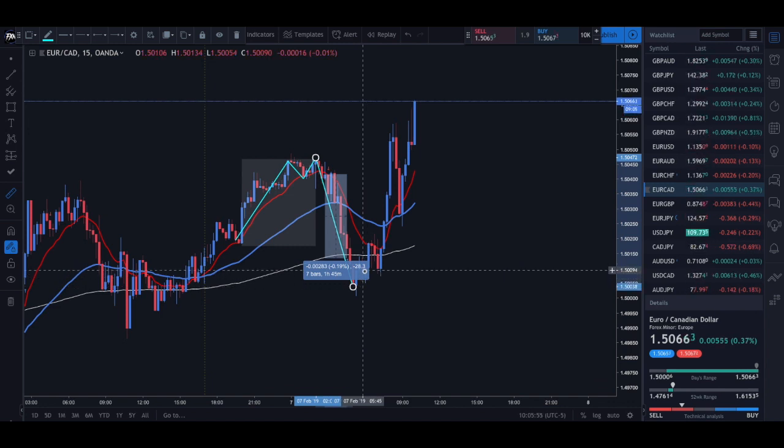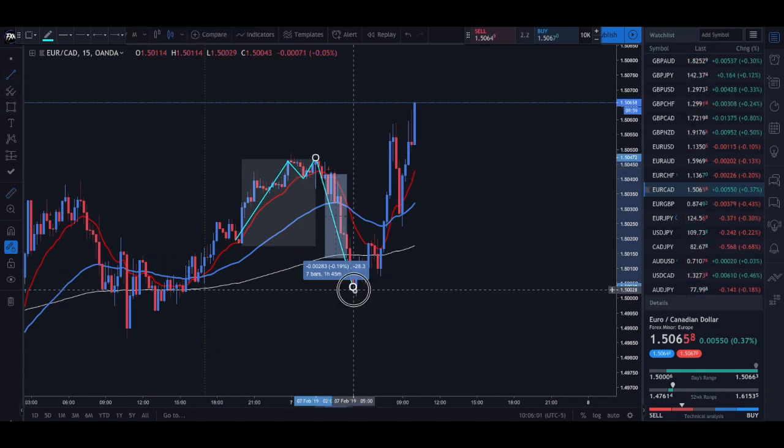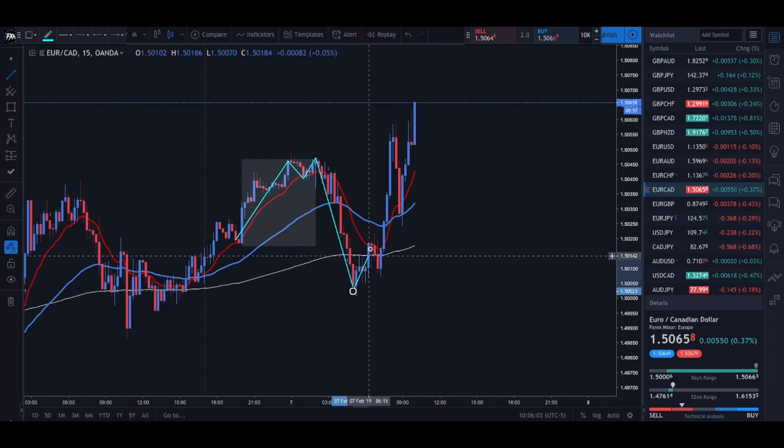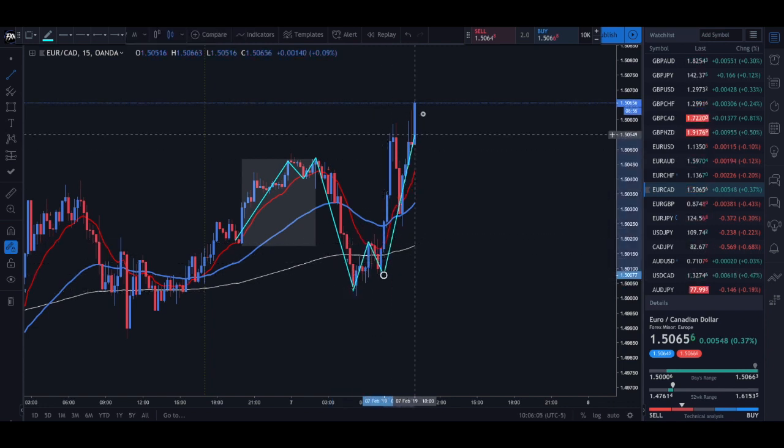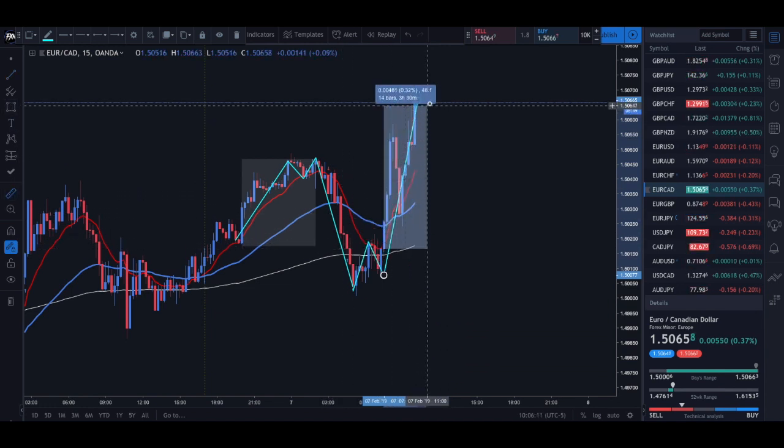Another 28, 30 pips, depending on the entry or the exit. But it also gave us a nice setup here for that. Boom, like that. So Euro pairs definitely were hugely tradable today. So that's another 50 pips and still going right now. So very nice trade.